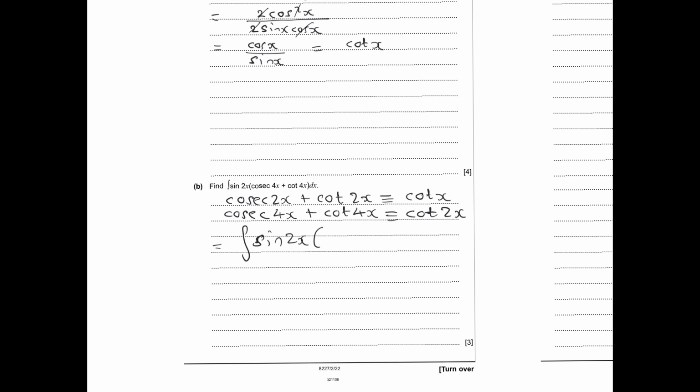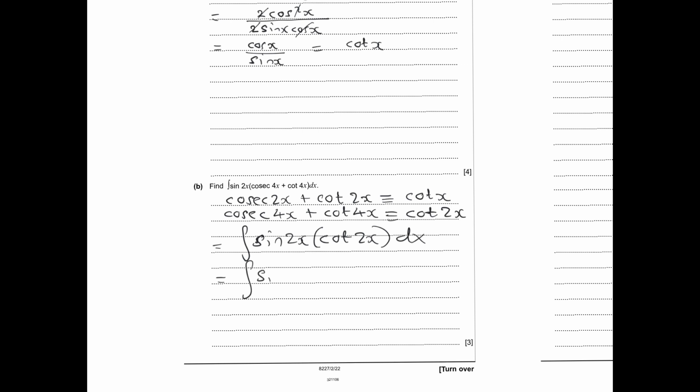The bracket now becomes what? Cot 2x. Okay, we're integrating with respect to x. So of which cot 2x, that is actually cos 2x over sine 2x. All right, so what are we saying here?